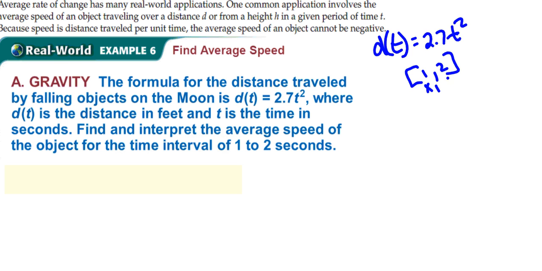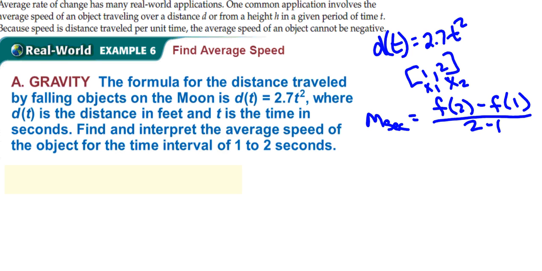This is x1 and x2. So I'm going to take the m secant is f of 2 minus f of 1 over 2 minus 1. I'm just going to find f of 2.